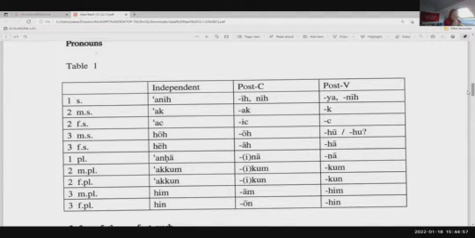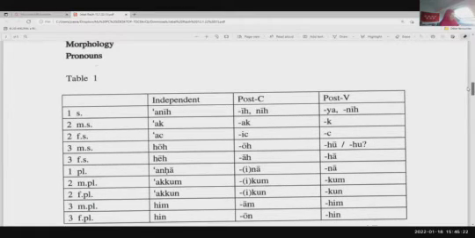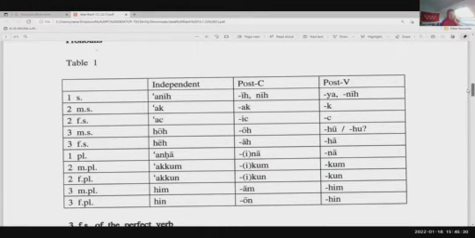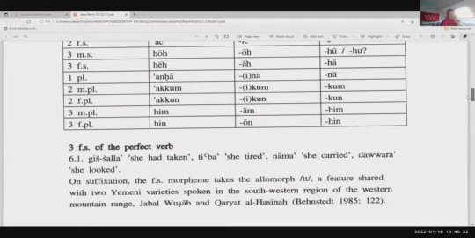And then you've got akkum and akkun for the second person plural, and him and hin. This gemination of the k may be due to n assimilation, which is at the top of the handout. If you have a look at it later, I can also send a reference to the article that we wrote as a result of this paper.